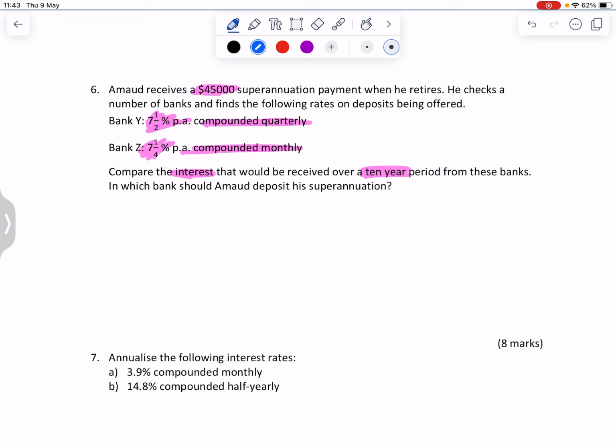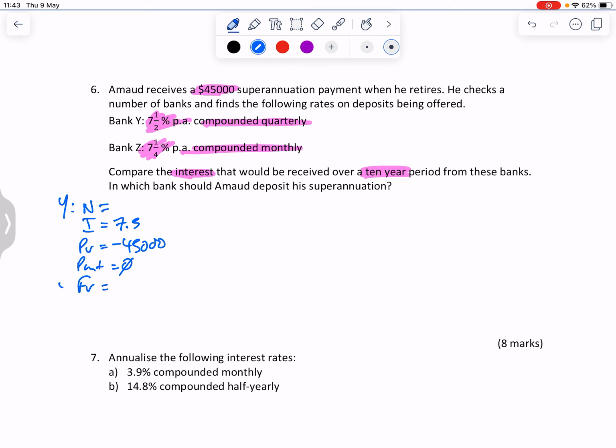Bank Y, N, leave that for now. Interest rate is 7.5%, so 7.5. PV, he's depositing 45,000, so negative 45,000. No PMT at year 11 level. FV is what I'm solving for.